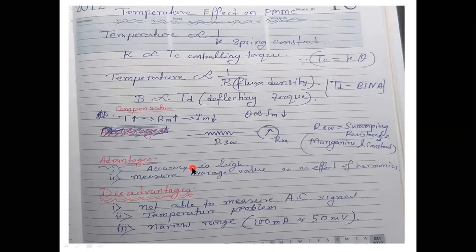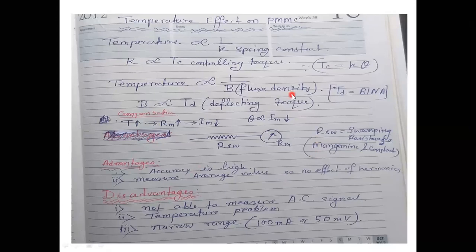Now I will ask all of you one question. In a PMMC meter, if you remember the construction, there are two hair springs. But if one spring is cut, then what happens? This is my question.